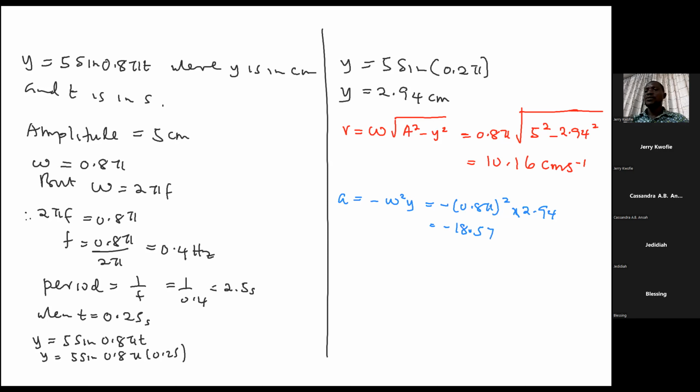To the rest of you, what are your answers? Cassandra, what have you got? Negative 18.57. Jedediah, what have you got? Negative 18.57. Okay. I hope that is the end of the question. So let's look at some other examples.